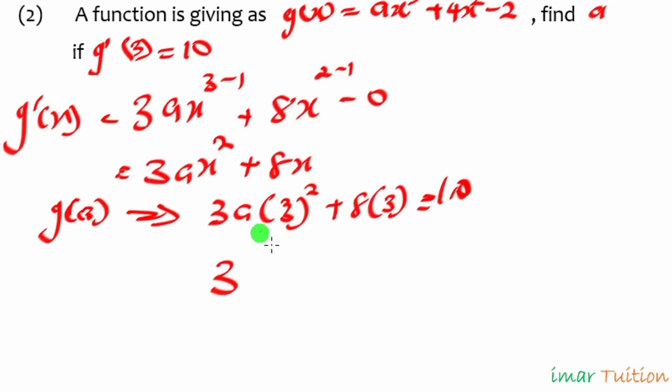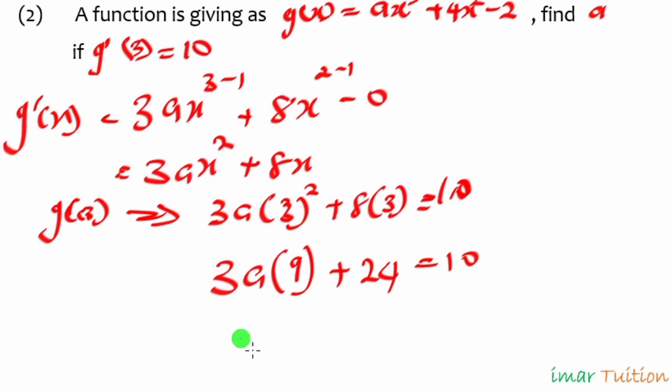So we'll have 3a bracket 9 plus 8 times 3, that is 24, equal to 10. 3 times 9 is 27a, plus 24 is equal to 10.